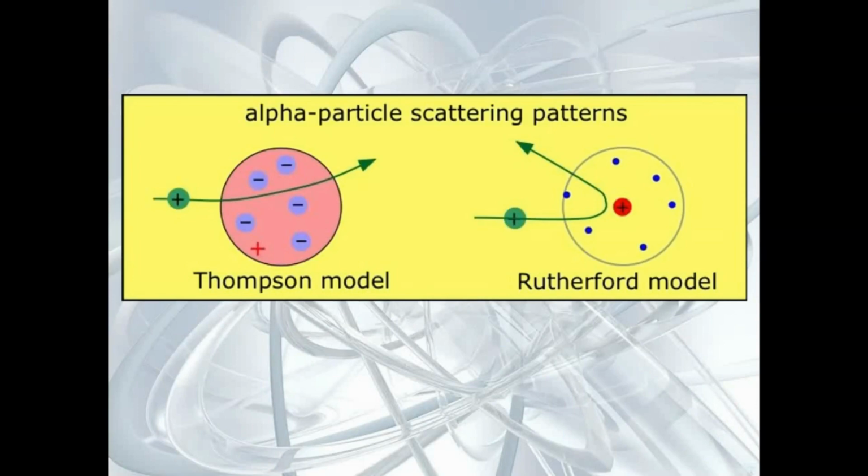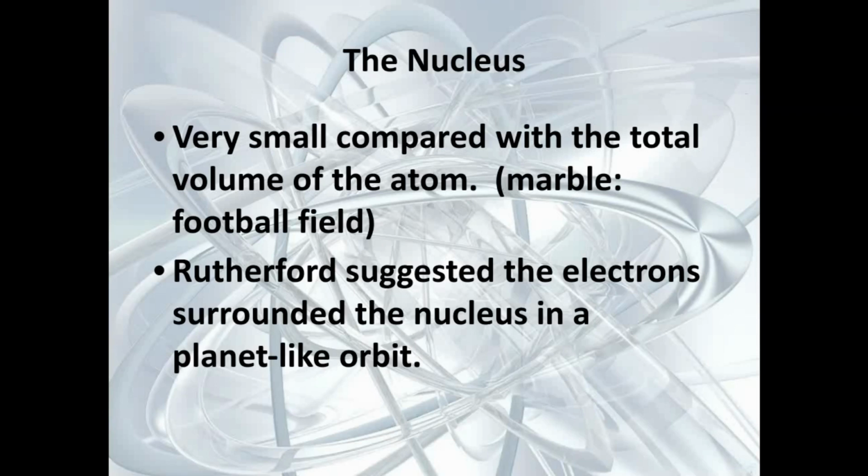With Rutherford's model, after the gold foil experiment, they determined that the positive particles are centered in the middle, or what they now call the nucleus of the atom, with the electrons spread out around it. So the nucleus is very, very small compared to the total size or volume of the atom, but it's the most massive part of the atom.